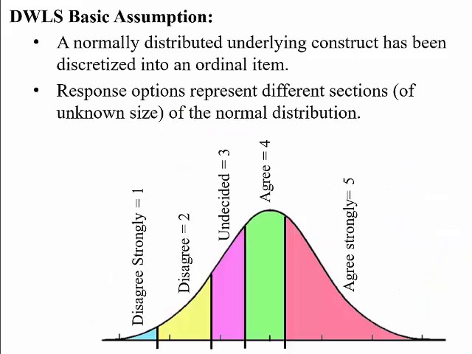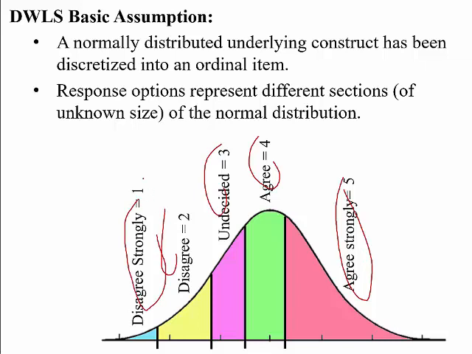The first step to calculating thresholds, and this is actually the basic assumption that underlies everything we're doing in diagonally weighted least squares, is that whatever we're trying to measure, the underlying construct is continuous. For example, if I wanted to measure how much people like potatoes, I might have an item on a questionnaire that says potatoes are fabulous, and you could say I agree strongly, agree, undecided, disagree, or disagree strongly.